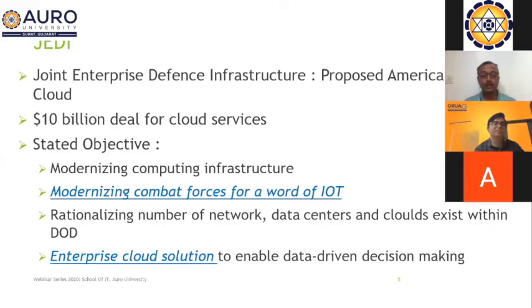There are many clouds today, but when you store something on the cloud, it is so hard to get data in a fast and reliable manner, because it takes time. Once data goes to the cloud, today's cloud is a little bit slow. But that is not the requirement here. They want enterprise cloud solutions.